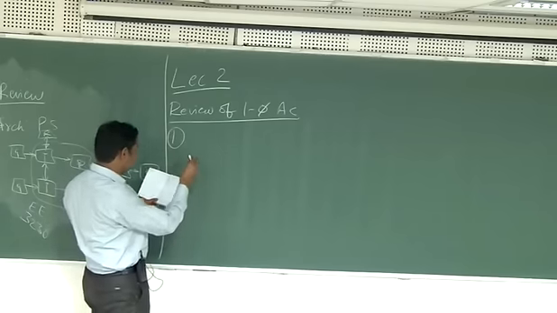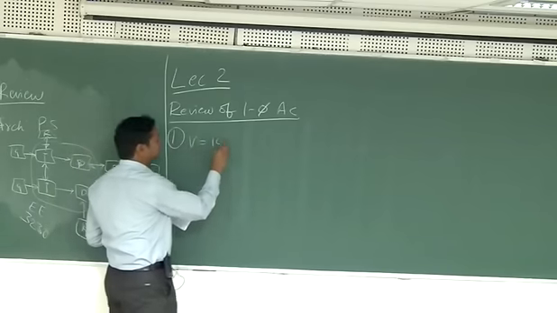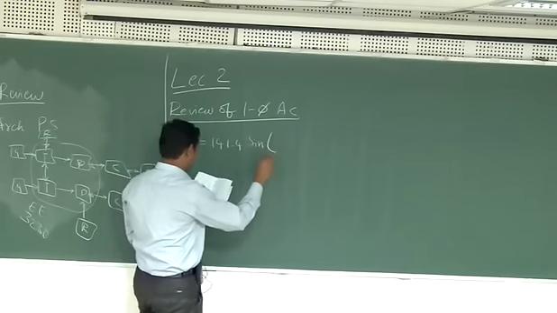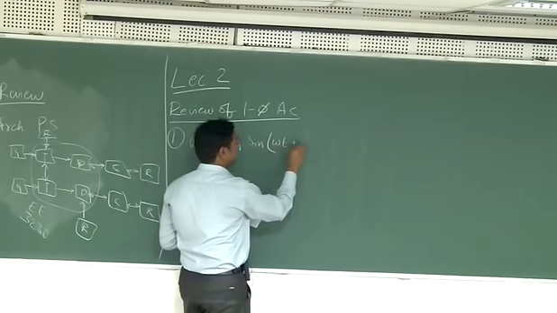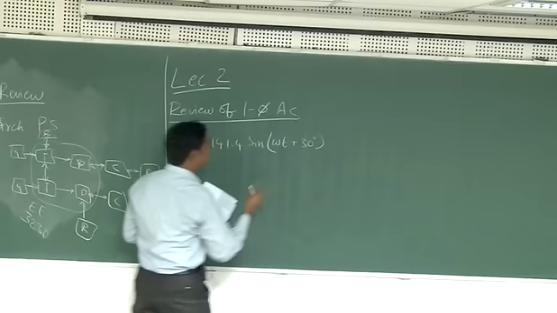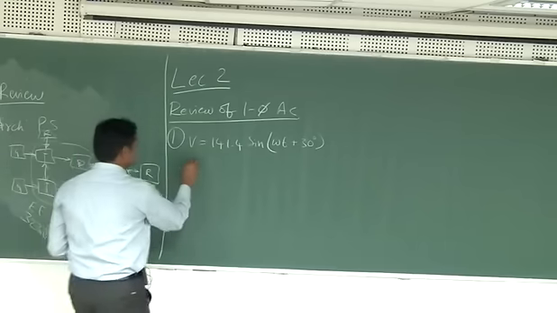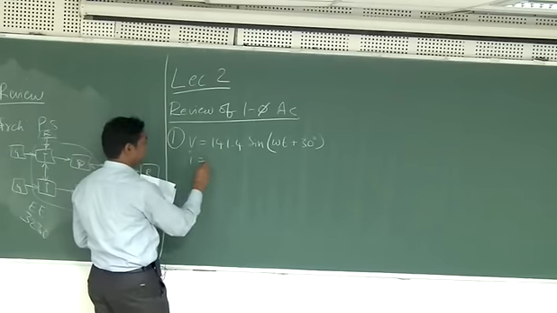So I'm writing the question. This might be very familiar to you. Sine. This is a voltage that is given to you, and then the current is also given.